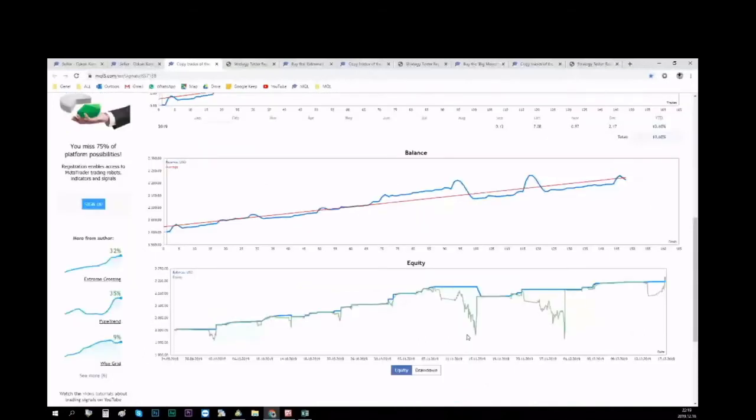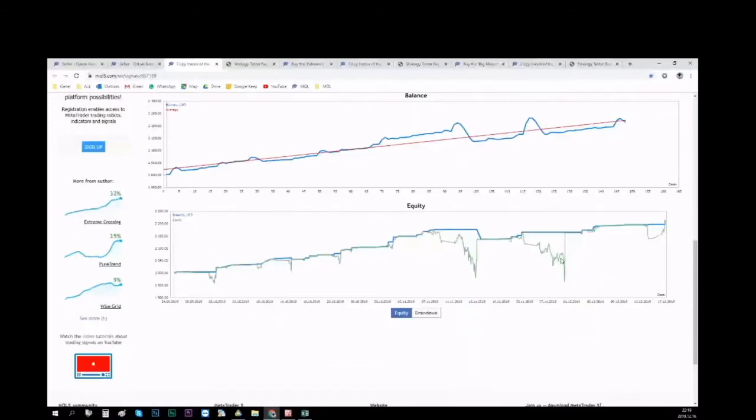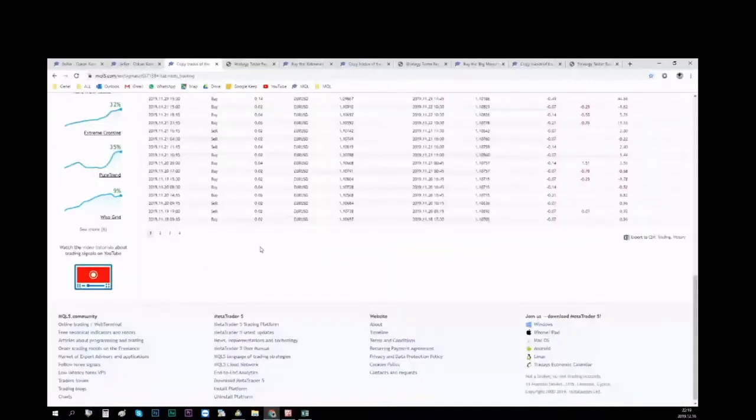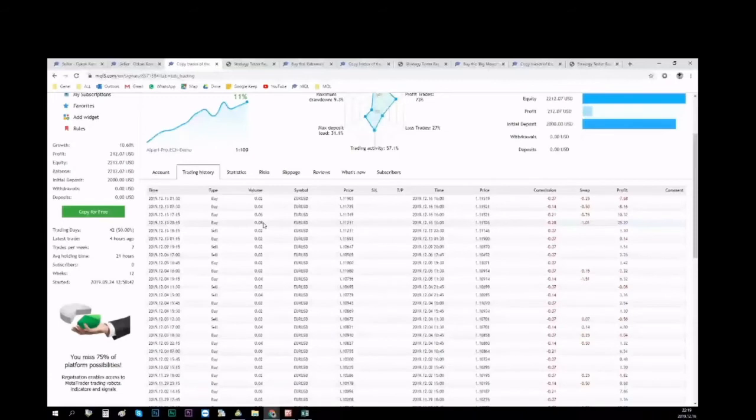For example, here this drawdown came from the higher lots. I'm opening here, for example, I started with 2 and then 4, 6, 8. It's because of these higher lots.